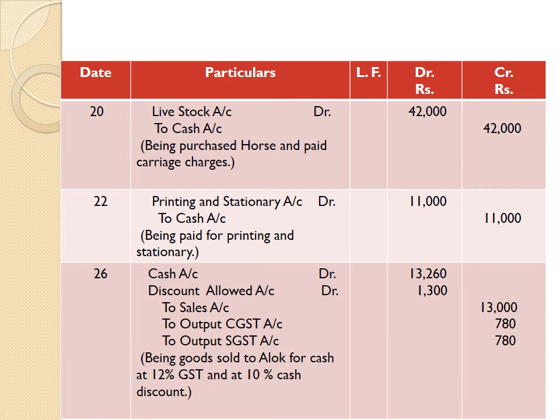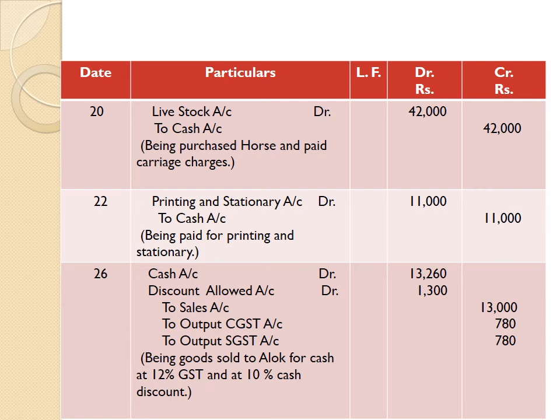So 1,560 upon 2 is equal to rupees 780. One part is rupees 780. So I am taking firstly here credit portion to sales 13,000.